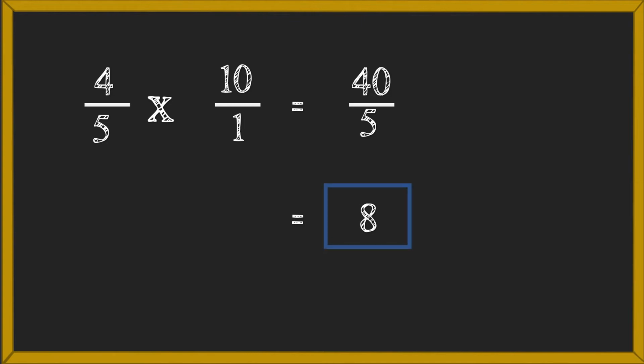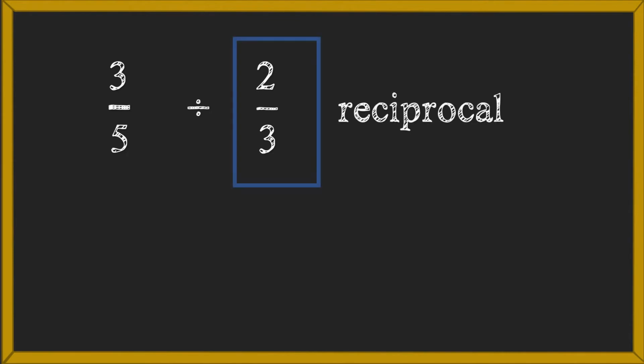Let us have another example. 3/5 divided by 2/3. Again, step 1, get the reciprocal of the divisor. Swap the places of the numerator and the denominator. Step 2, drop the division sign and change it to multiplication.